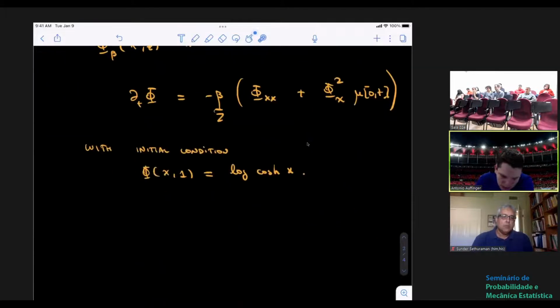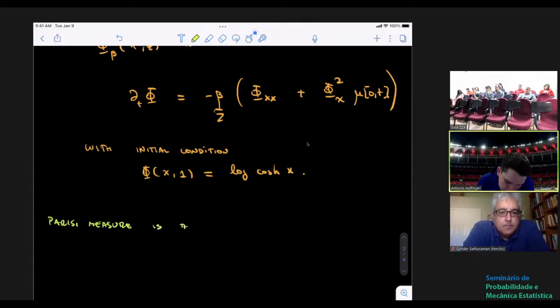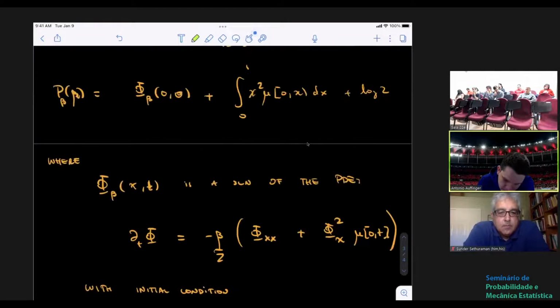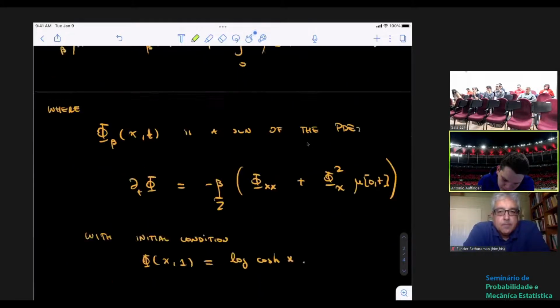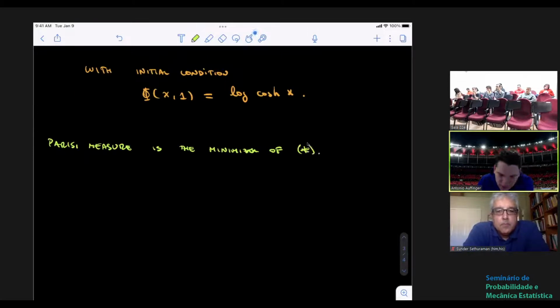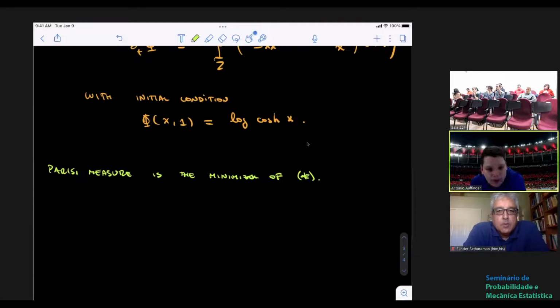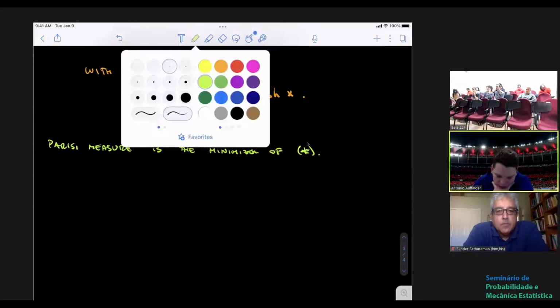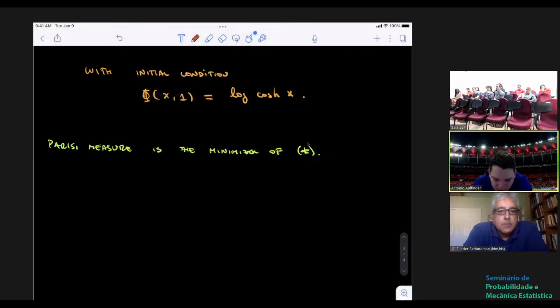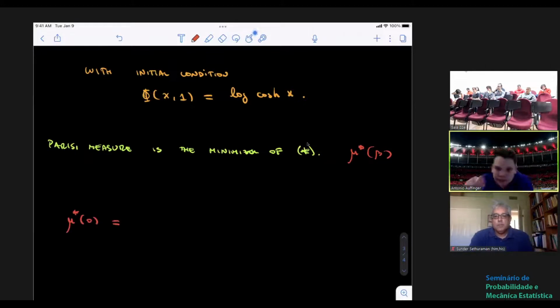So the Parisi measure is the minimizer of this quantity, and of course it depends on beta. Probably you won't try to solve this variational problem, but let me call this measure mu star. It depends on beta. What is mu star at beta equals 0? Can you guess?